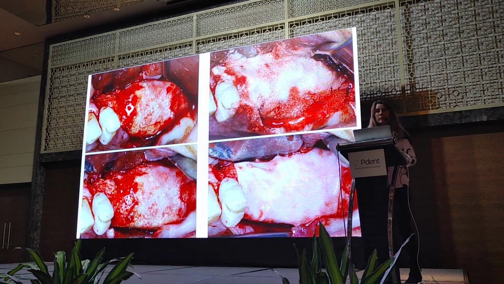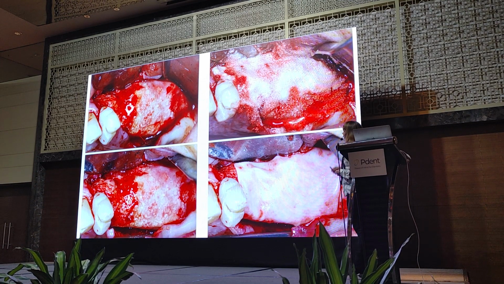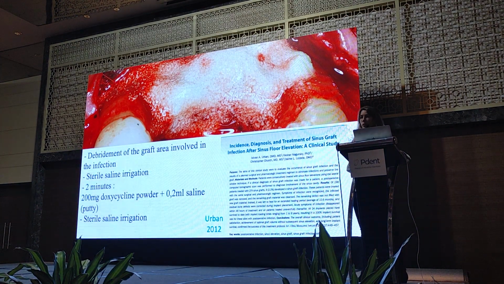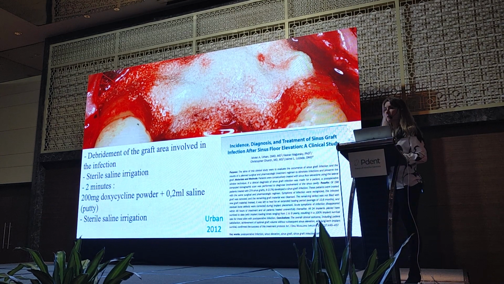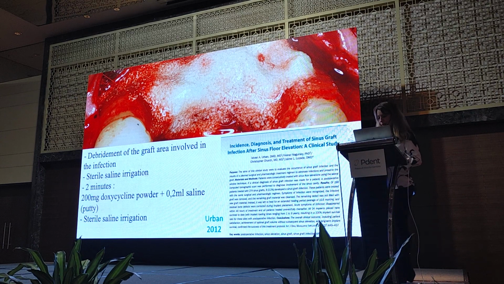So we remove the infected part, we scratch it out, and then we place some doxycycline. The protocol is this one. You place the doxycycline on the infected part of the graft. After you have curetted it, you leave it for 2 minutes, and then you rinse with saline. And after, you can close.